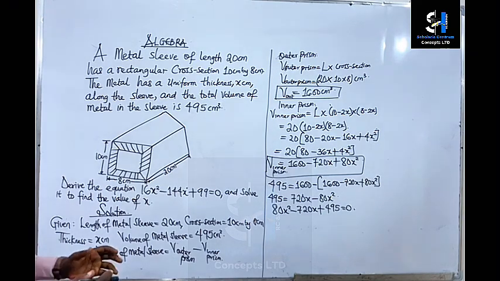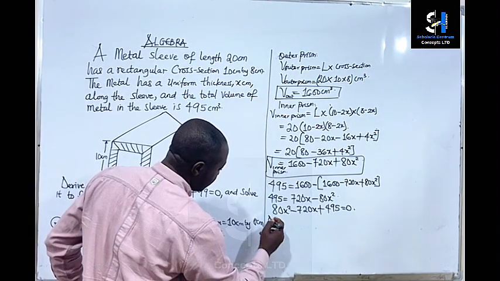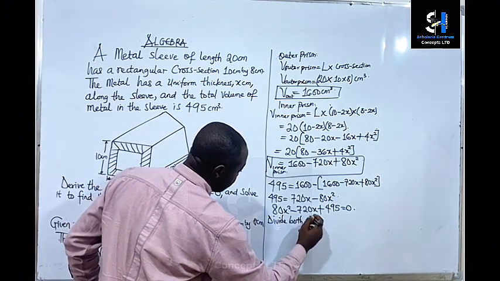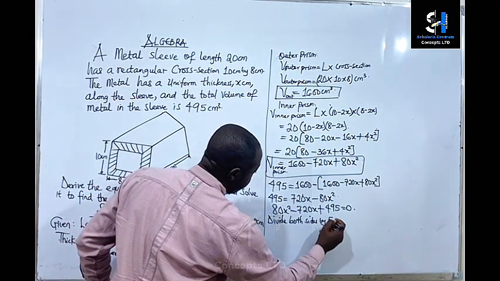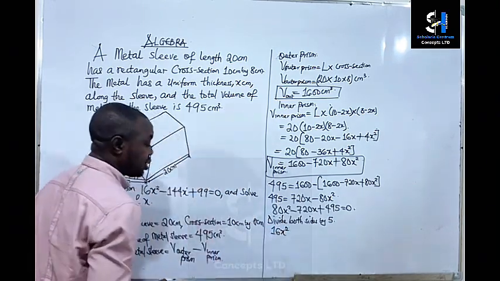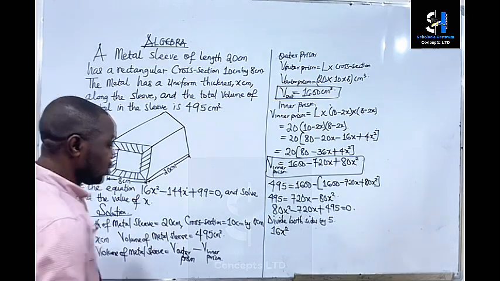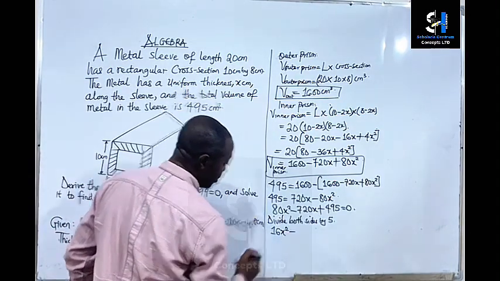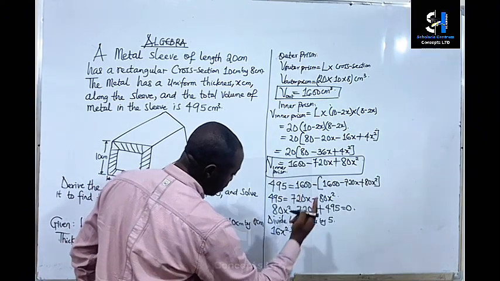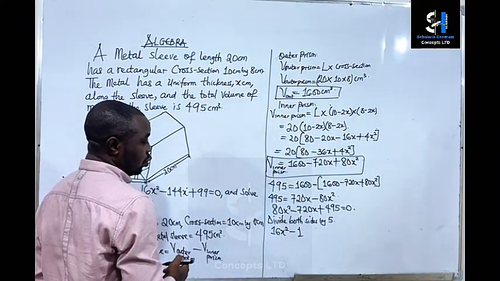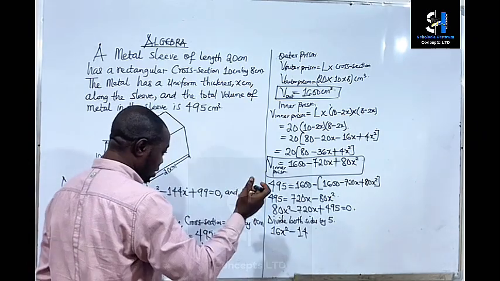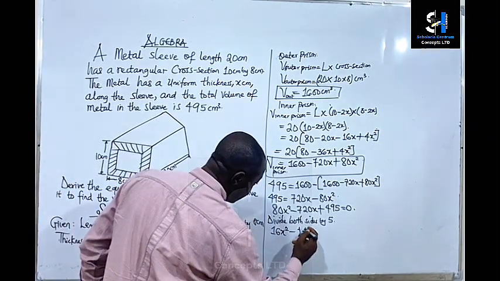Okay, all right, so now let's divide both sides through by 5. Dividing 80 by 5, that will be 16, because 16 times 5 is 80. So we have 16x squared minus, then dividing 720 by 5, that will be 144x.